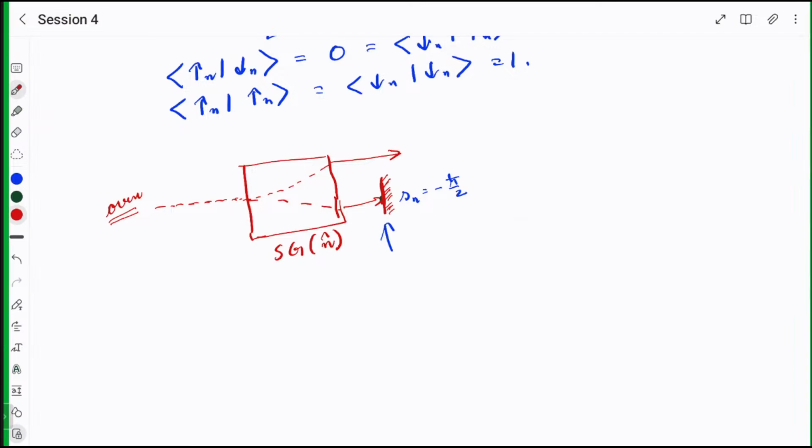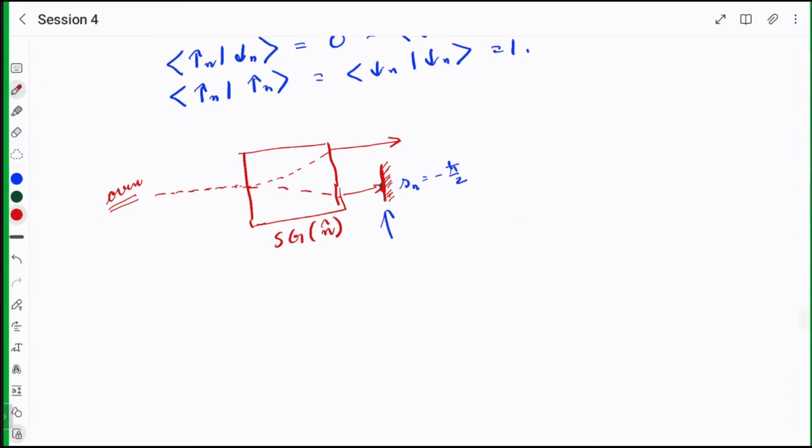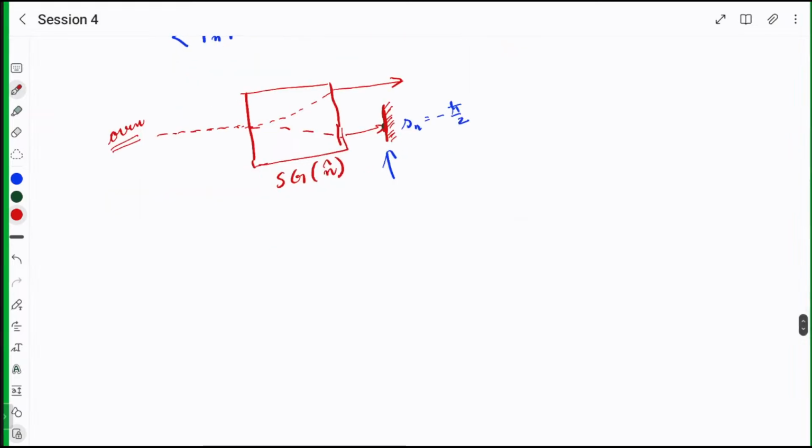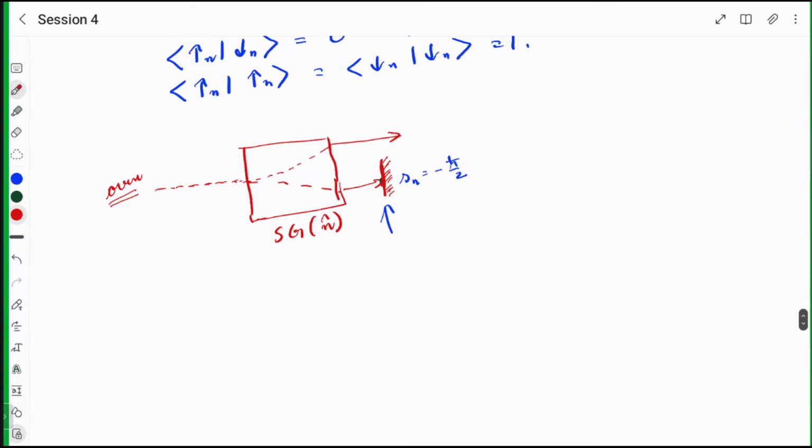We can take the inner product with this particular component of Sn, corresponding to minus ħ/2, of the particular state. Yes, you can take the inner product and work out the probabilities.